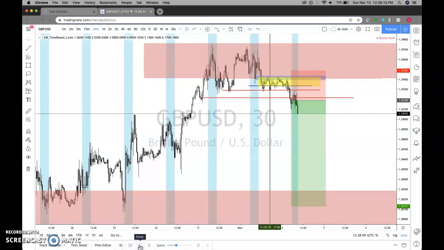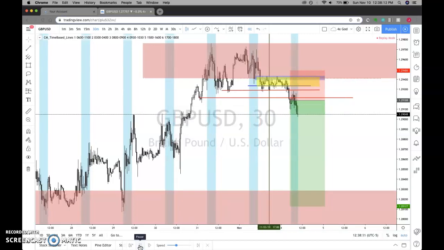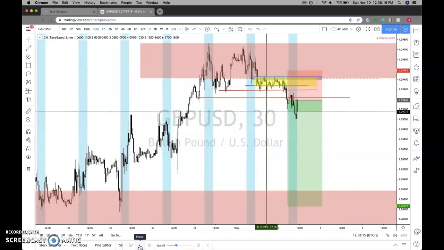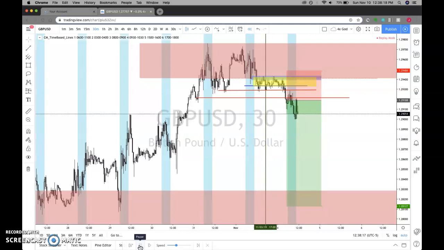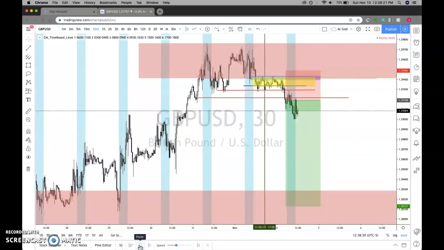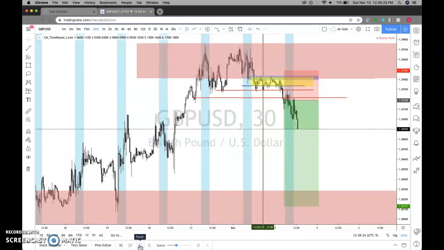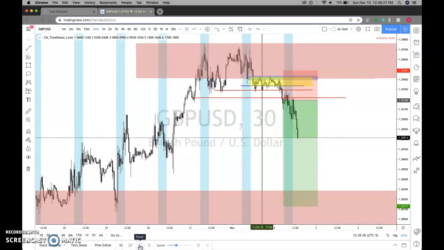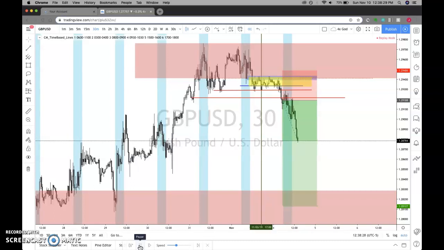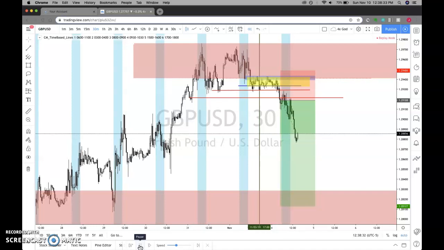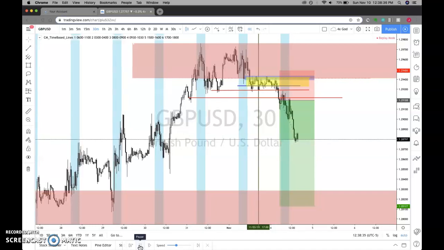Oh, we got the drop. Scaring people out. Ooh, and then she just dropped. Look at that impulse over to the left right there. And she's gonna touch it.